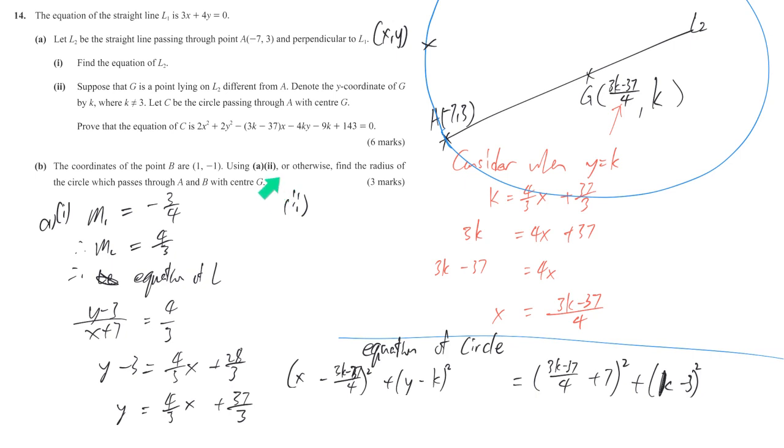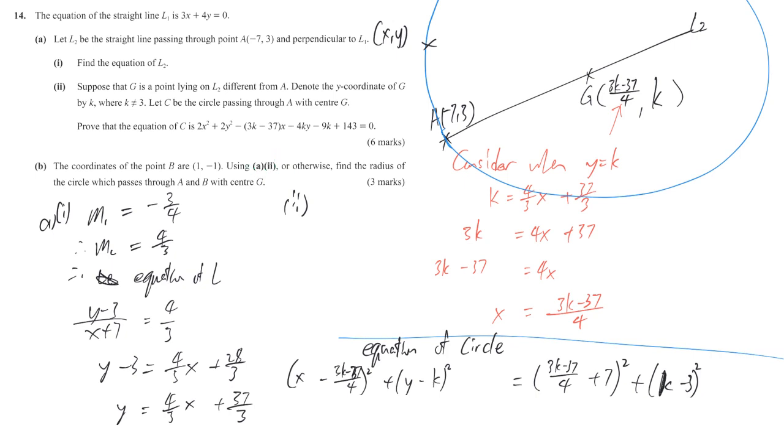It's because the setter also knows that most of you are not able to achieve this, but they still want to test your understanding afterward. So that's why they ask you to prove. In other words, they try to give you this information. Understand? You don't need to know how it comes from, you just trust this one is correct.